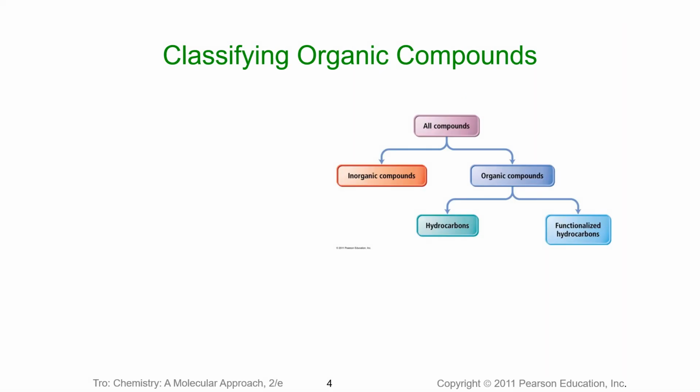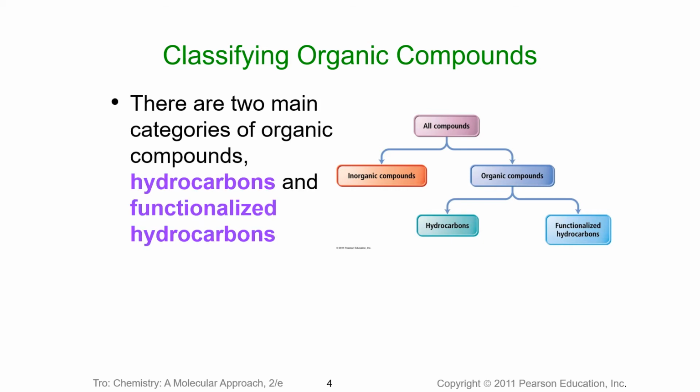We can classify organic compounds a little bit further. We know they contain carbon, but if they are strictly carbon and hydrogen, no other elements, we call those hydrocarbons. Hydrocarbons are used quite frequently for fuels. So these are highly studied molecules because of their application to fueling our country.